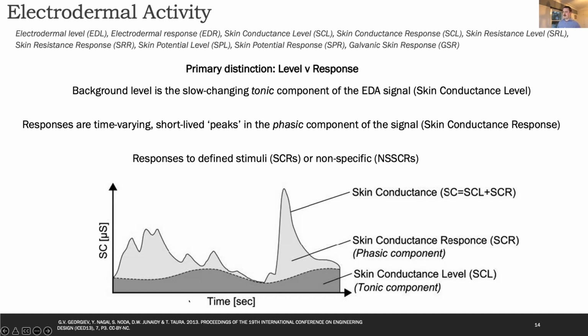However, apart from this slow changing activity, there's this rapid changing, spiking or peaking activity. And this is what we refer to as the phasic component. Phasic just meaning changing. And this can be further broken down into these individual peaks that we call skin conductance responses. And these are quick, fast, and reactive peaks that reflect reactions to the environment.